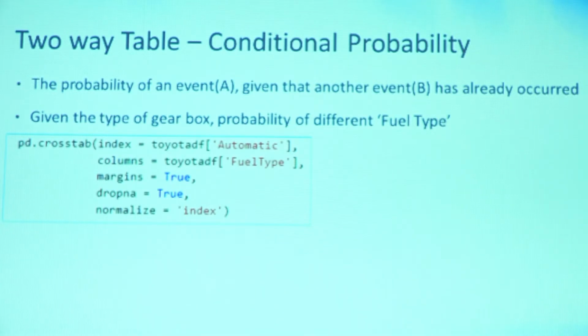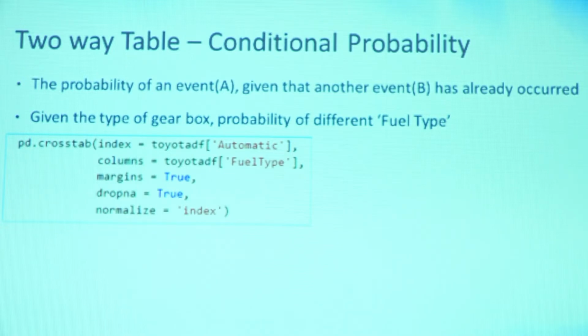I already selected my gearbox, and I am only asking what the various fuel types can be and what the probability is for them. So what is now different in syntax? Normalize is index. Why? Because I fixed my rows for that. It is not just true. It is normalized with respect to some event that has already appeared.